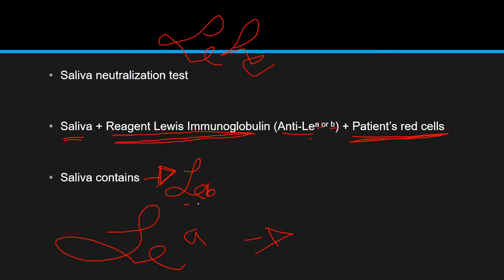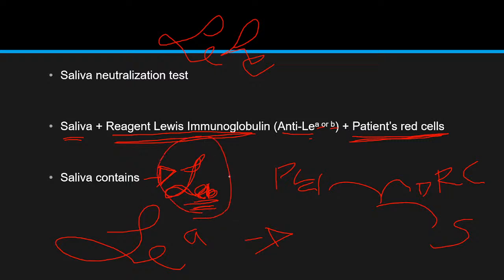Whilst Leb, albeit coming from a stronger reaction from the secretory substance and the Le substance, moves about the plasma, the red cell, and the secretions. All right. So that one contains Leb. Now we want to test the patient. If we want to test the patient, this one has the antigens.